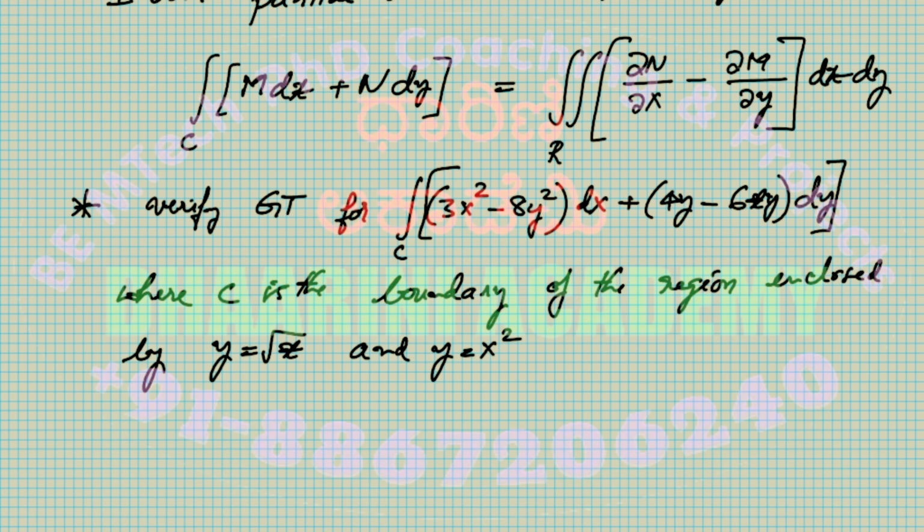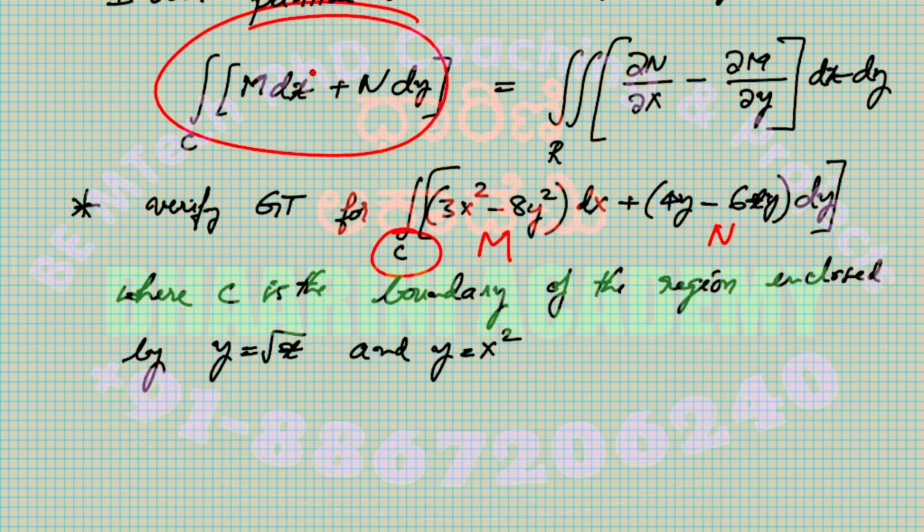So as you can see here, we have only one side. Out of the complete statement of Green's theorem, C is a curve, right? We need a curve, so integration over that curve. This looks like M for me, and this looks like N for me, according to this statement.